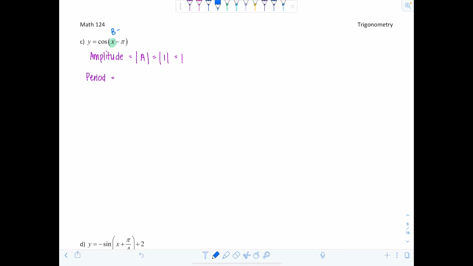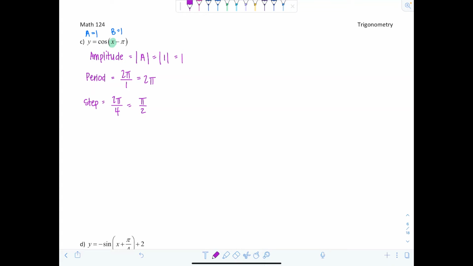That means b is 1 and a is 1. So the period in this case is 2 pi divided by b, which is 1, which is just 2 pi. So we have our normal standard period of 2 pi here. The step, remember, is the period divided by 4. 2 pi over 4, that's pi over 2.